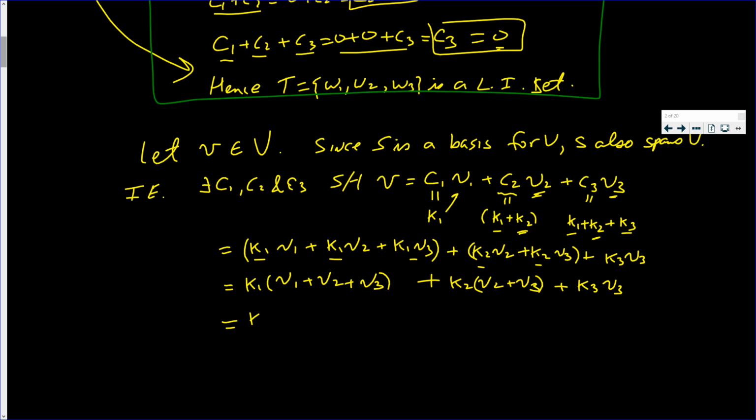Okay, this equals K1 times, by definition, W1, plus K2 times, by definition, W2, plus K3 times, by definition, V3 was W3. So I was able to write an arbitrary vector in V as a linear combination of vectors in T.